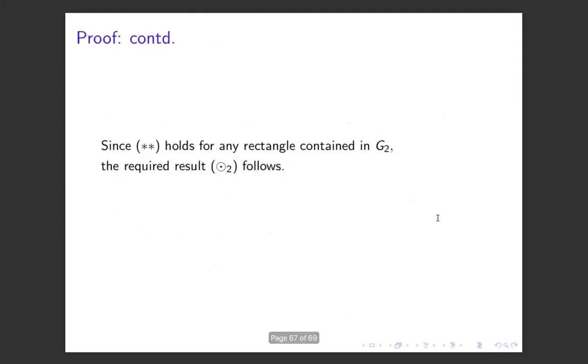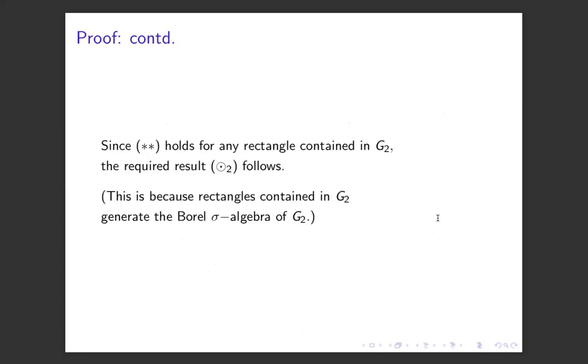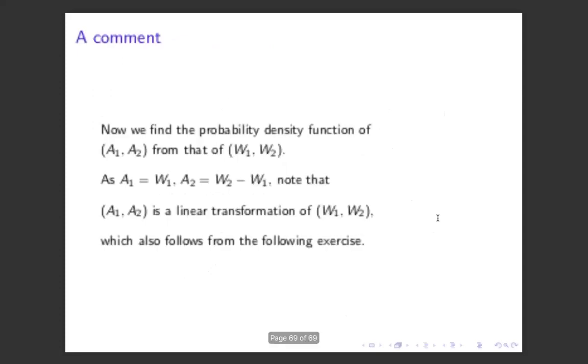Okay. So from this result, one can get hold of the probability density function of (A1, A2). Using the result concerning the PDF of (W1, W2), we want to get the PDF of (A1, A2).